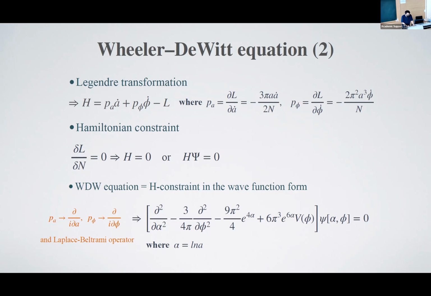The Wheeler-DeWitt equation is nothing but the Hamiltonian constraint in wave function form. We just exchange the canonical momenta for differential operators, and the Hamiltonian constraint leads to this wave equation. Alpha is log A. The interpretation of psi is the probability that we find a universe with size alpha and field value phi.